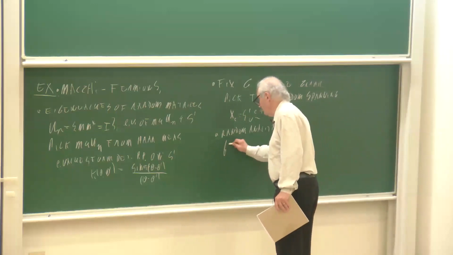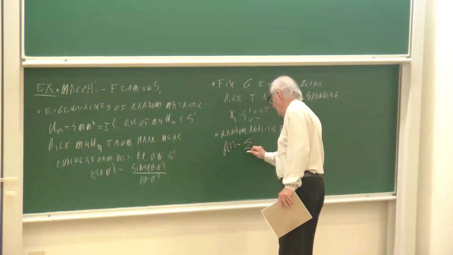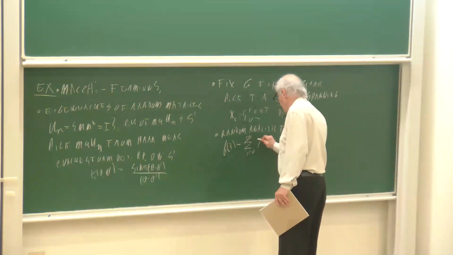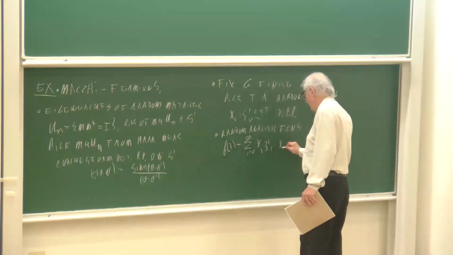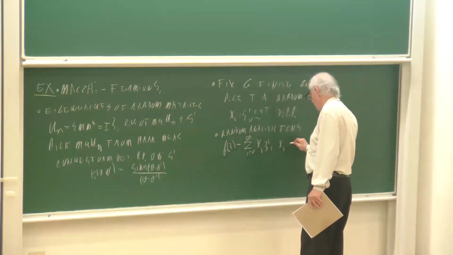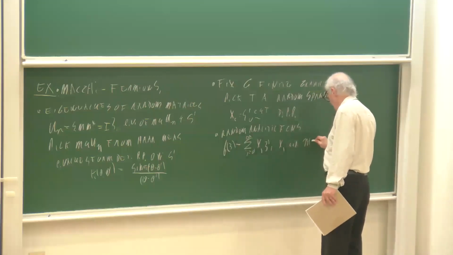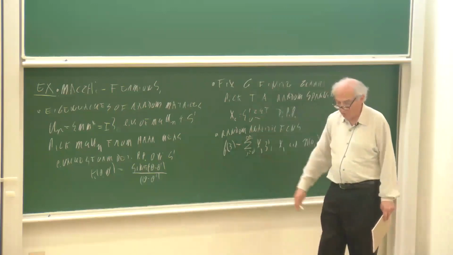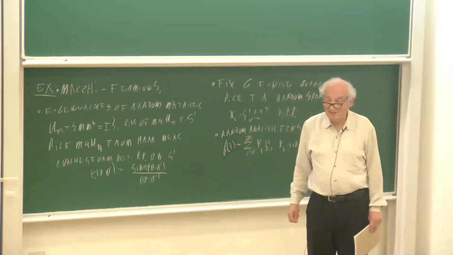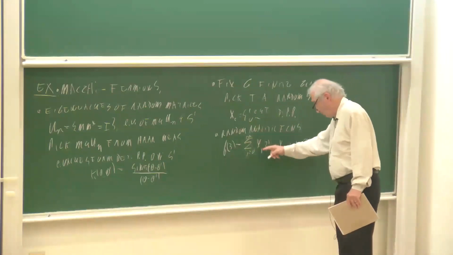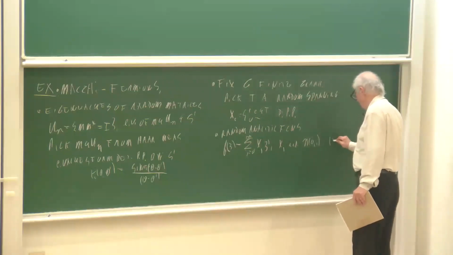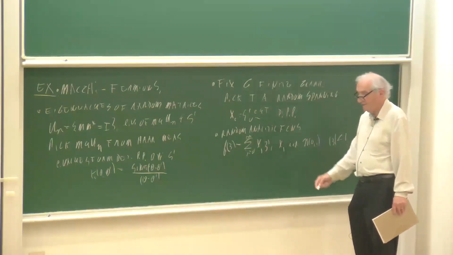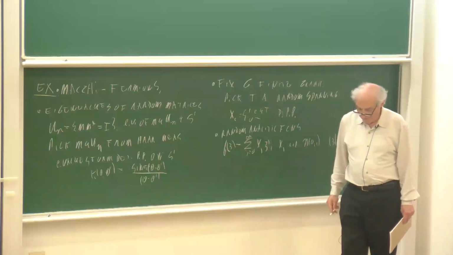So let f(z) be equal to the sum from j equals 0 to infinity of x_j z^j, where the x_j are independent, identically distributed random coefficients from the normal distribution, the bell-shaped curve. So make a random power series, and of course this will only converge if |z| is less than 1, but it certainly converges on the unit disk.